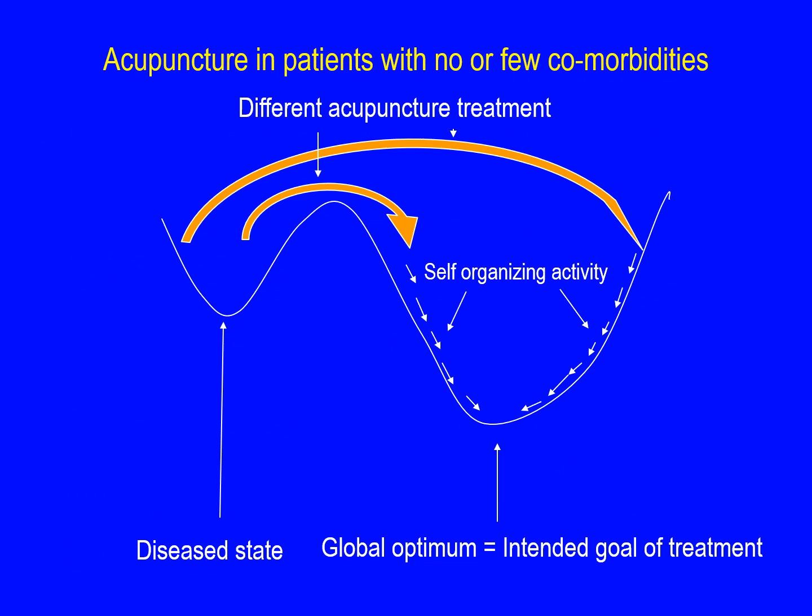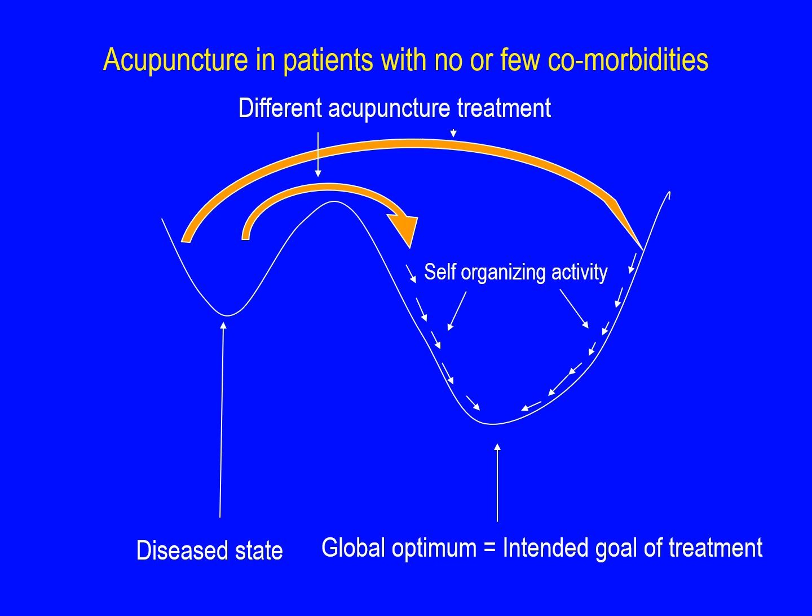So here's a diagram showing the effect of acupuncture in patients with no or few comorbidities. In this diagram, the left side is a diseased state, and the right side is a global optimum, or the normal state.